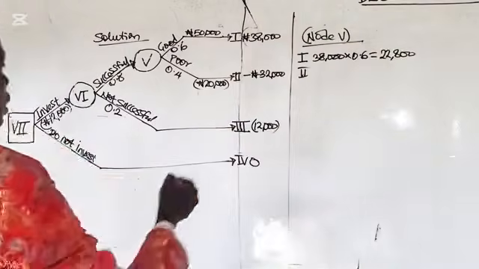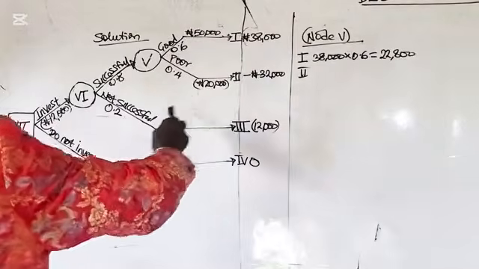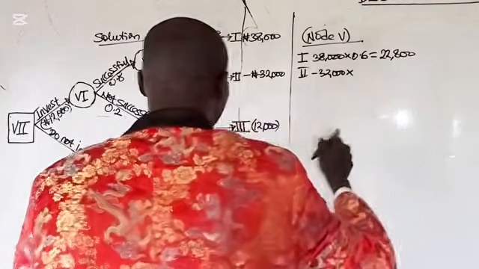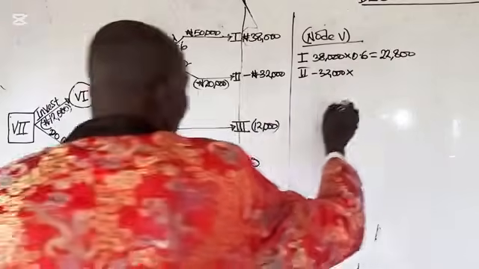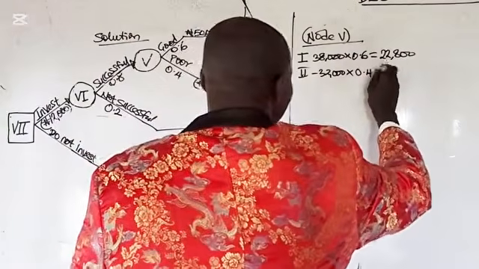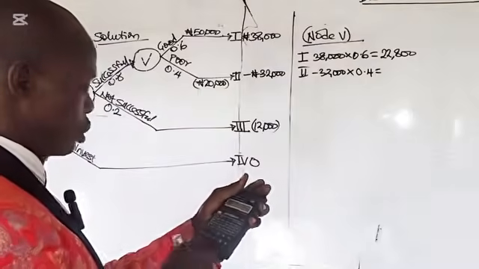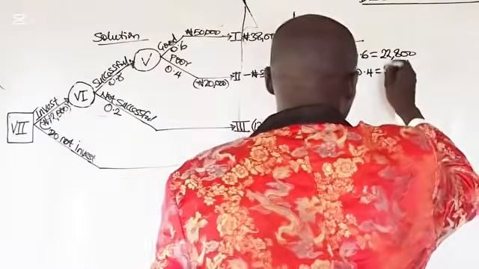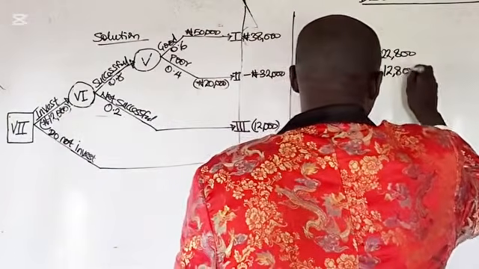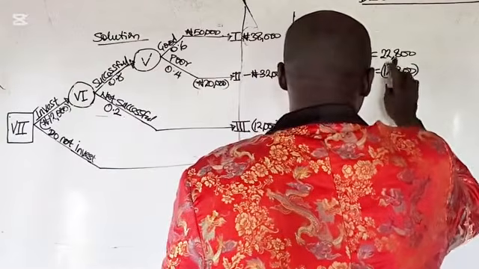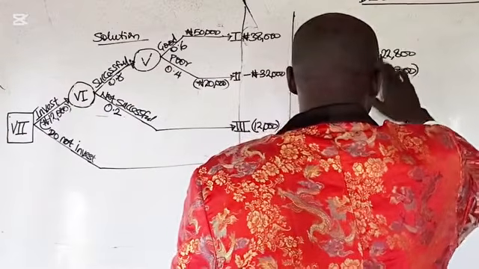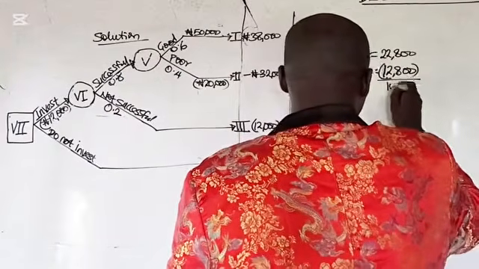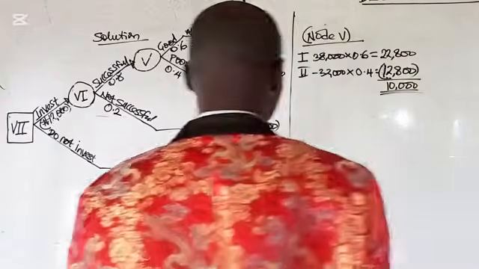Then you can also use point 2, 32,000 negative, times the probability we have there, 0.4. That gives us 12,800, which is negative. If you subtract it from 22,800, then you have 10,000 as your net cash flows.